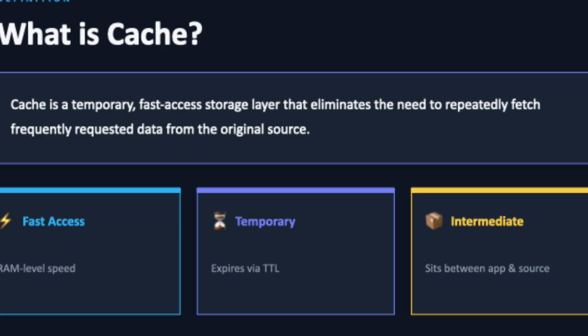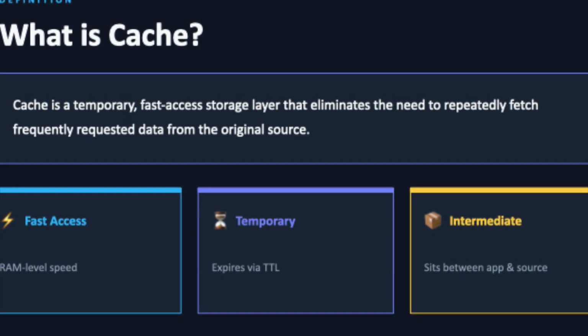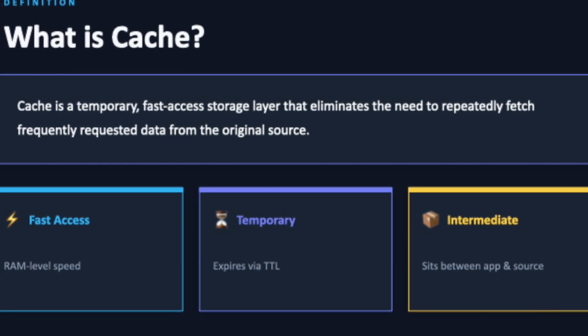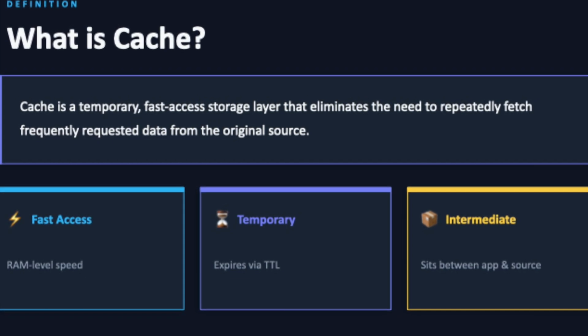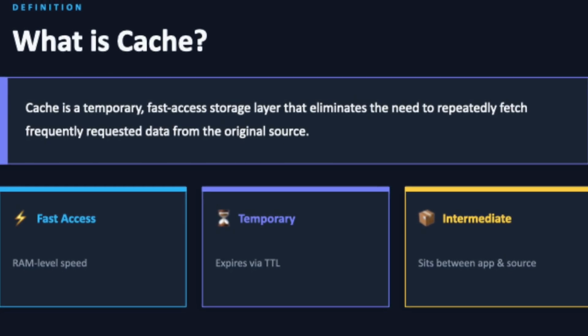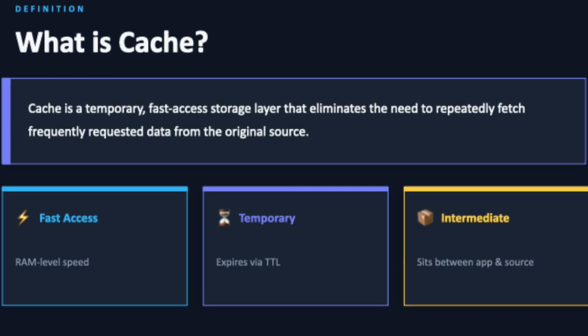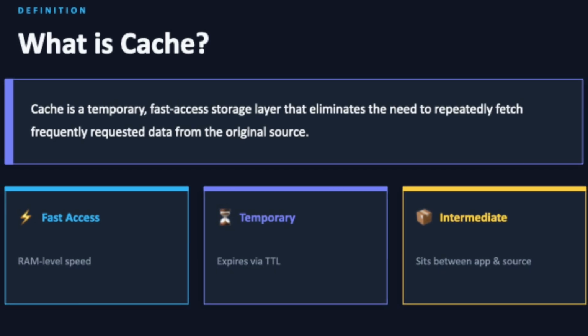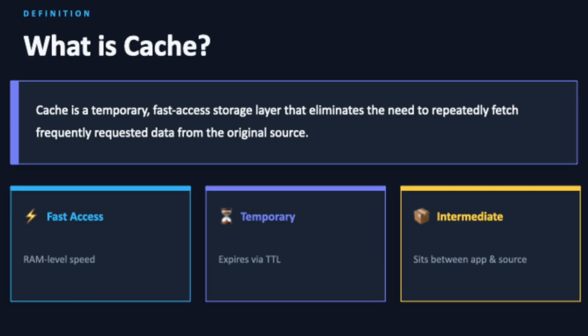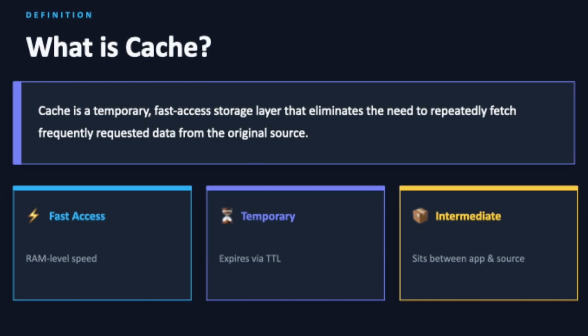Let's get a bit more technical now. Cache is a temporary, fast access storage layer. When data is requested repeatedly, fetching it every time from the original source, like a database or an external API, is slow and expensive. Cache sits in between. It stores a copy of that data so future requests can be served almost instantly.